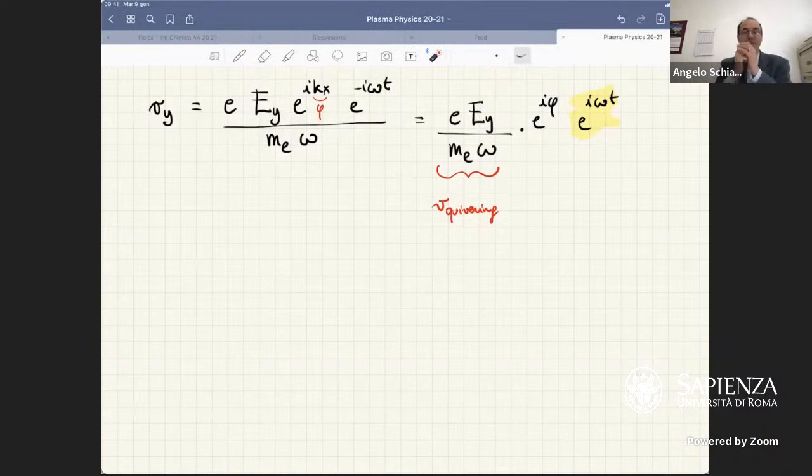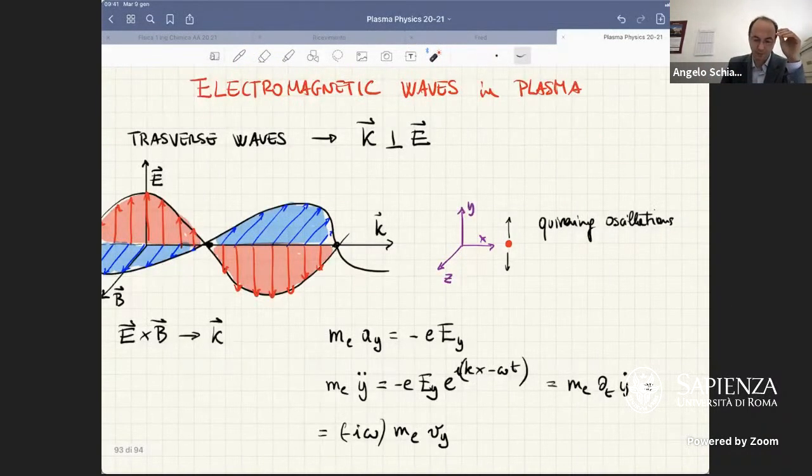Energetically, what does this mean? It means that when the electromagnetic wave is hitting an electron, which previously was at rest in open space, it starts accelerating the electron, and the electron starts oscillating up and down, taking and giving back to the field its own energy.